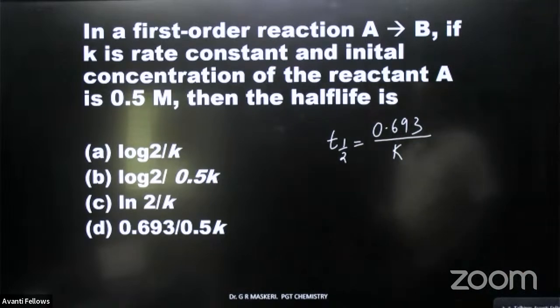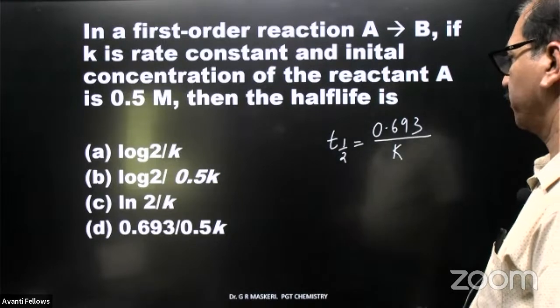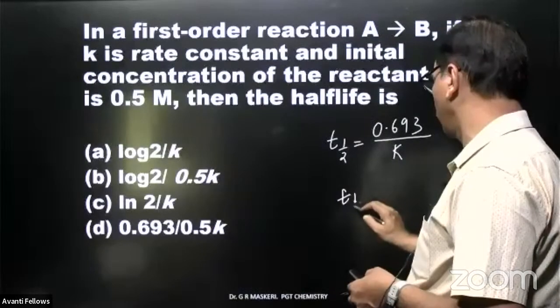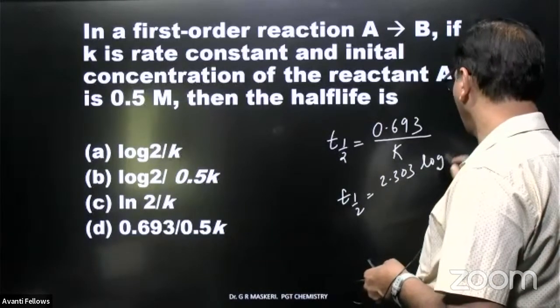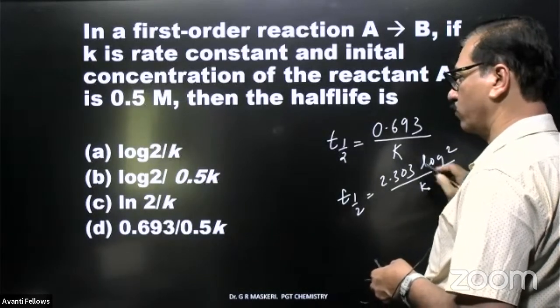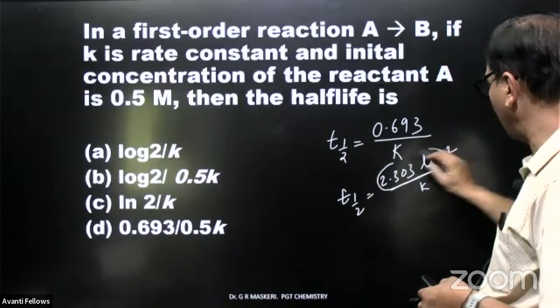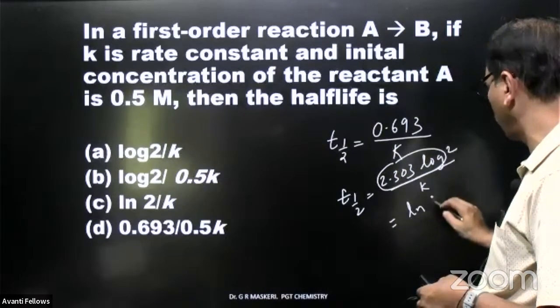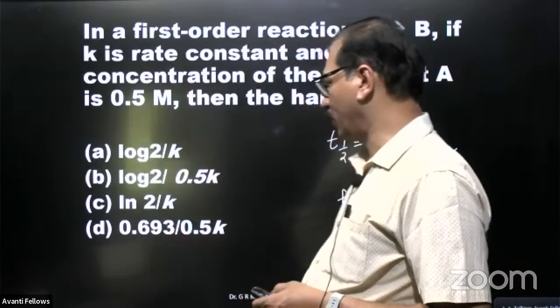If K is the rate constant and initial concentration of the reactant A is 0.5, half-life doesn't depend upon the initial concentration. ln 2 value may be written in this way also: 2.303 log of 2 by K. So 2.303 log is ln, so ln 2 by K, C is the option.